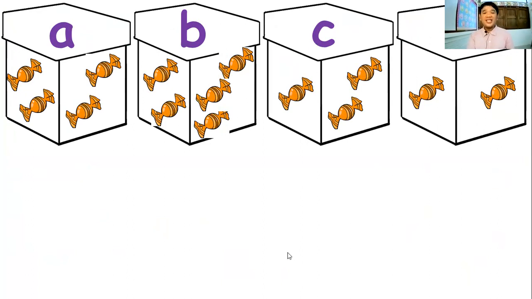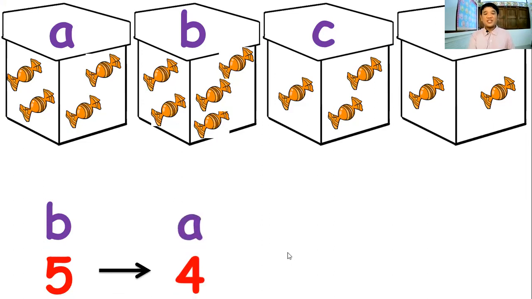So order the numbers from greatest to smallest. The answer is letter B, 5. And after 5, it's letter A, 4. And after letter A, what's next? It's letter C. Very good.